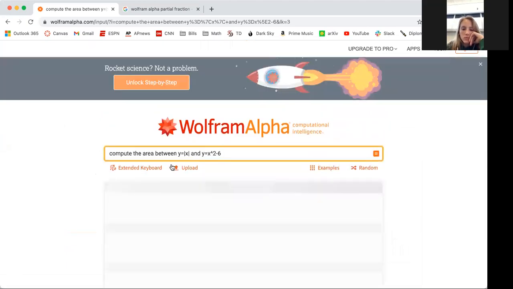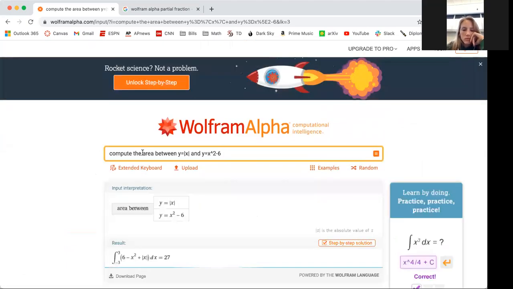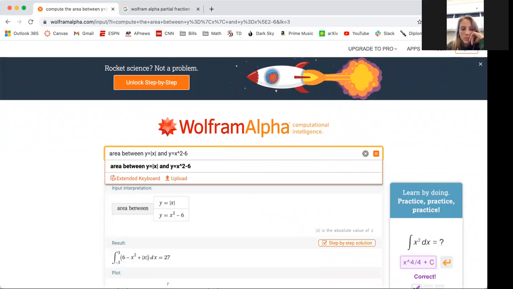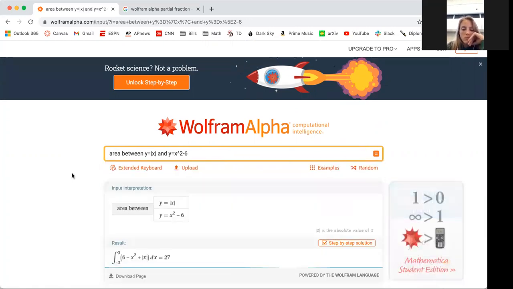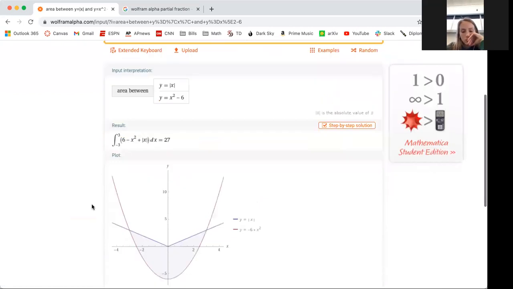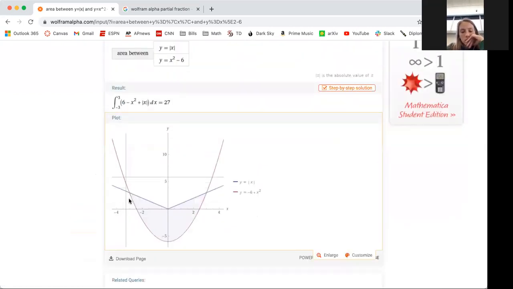So even if you just ask for the area between these two functions, it provides the graph, figures out what the intersection points are, 3 and -3, sets up the integral, and then actually computes the area.